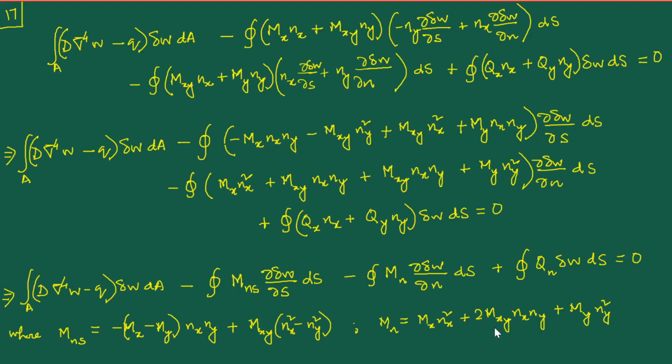Now, these two relations that I have written, you can interpret as coming from an equivalent relationship between the sigma ns and the sigma x, sigma y, and sigma xy, and sigma nn as it is connected to sigma xx, sigma yy, and sigma xy. And what are those two relationships? To sigma n and the sigma ns.